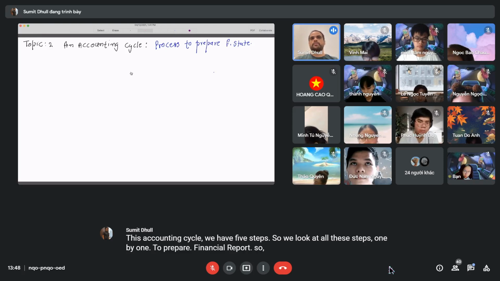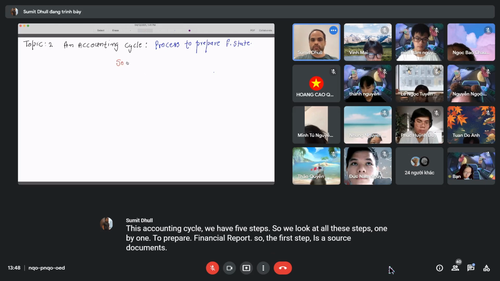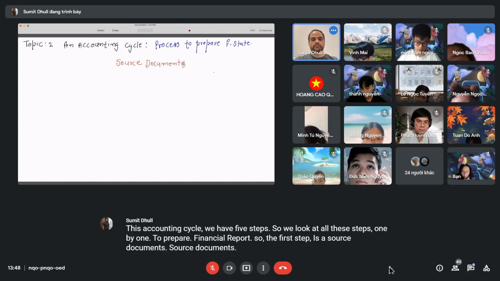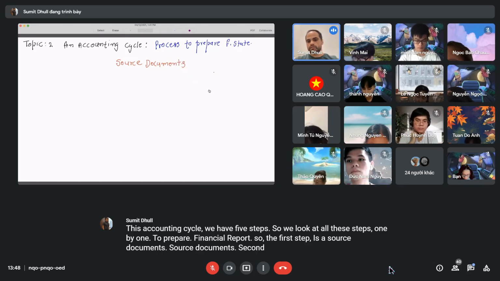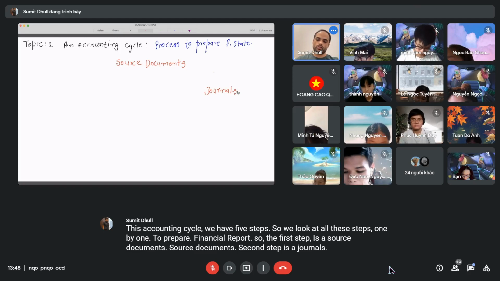So the first step is source documents. The second step is journals. The third step is a ledger.